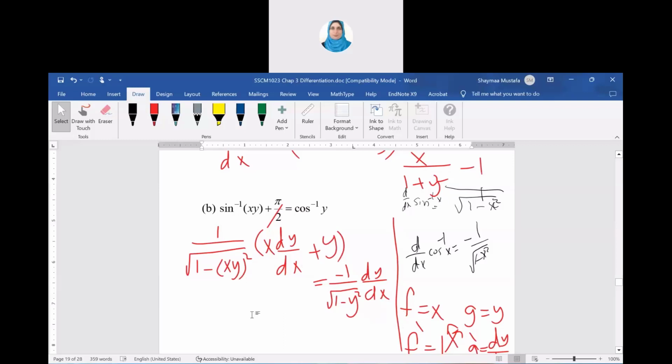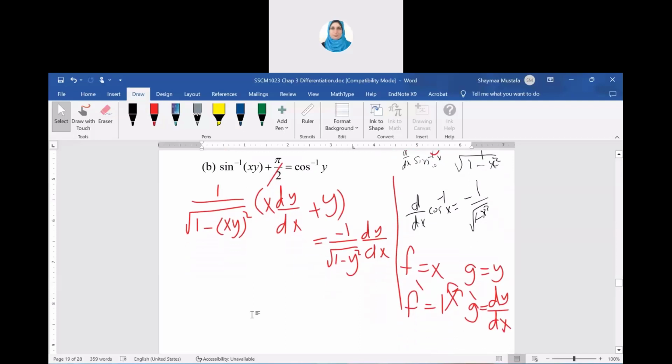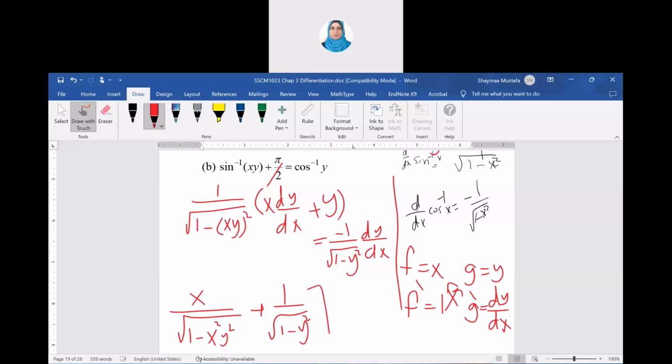Now the second step, separate the terms including dy over dx. So you have x over square root 1 minus x squared y squared plus 1 over square root 1 minus y squared, multiplied by dy over dx, equal to minus y.